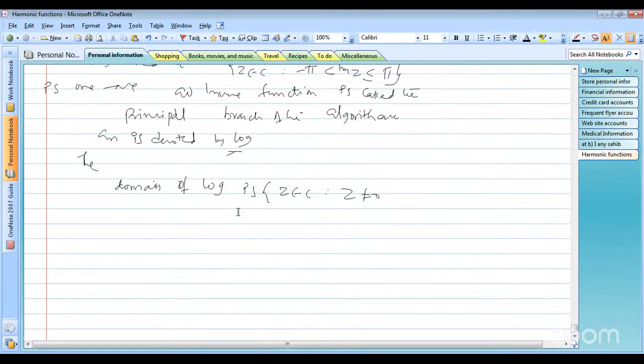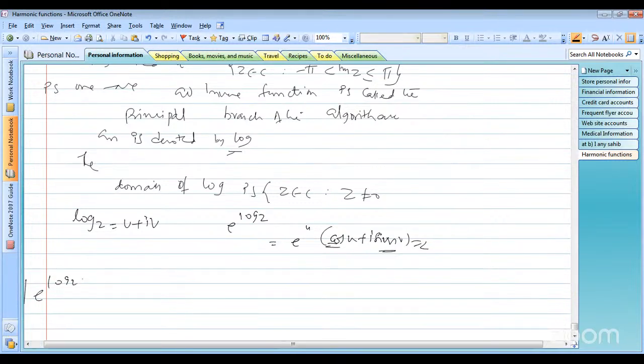Now we derive the formula for Log z. What is the fundamental formula? Log z is equal to u plus iv. So e to the power Log z is e to the u times cos v plus i sin v, which is equal to z.